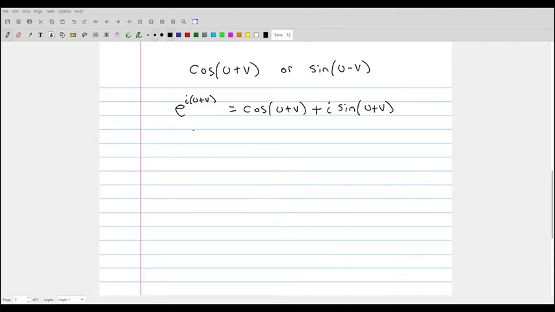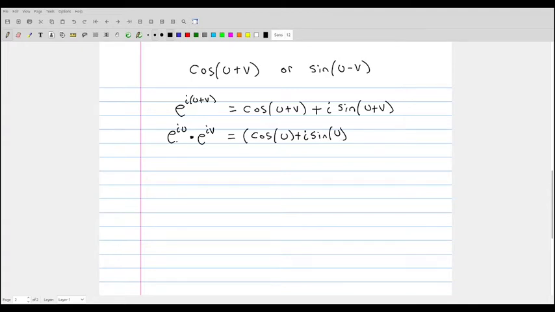But algebraically speaking, e to the i of u plus v is the same thing as e to the iu multiplied by e to the iv, because all of our manipulations for exponents work the same in the complex plane as they do along the real line for real numbers, really for any field. e to the iu, again from Euler's equation, is cosine of u plus i times sine of u.